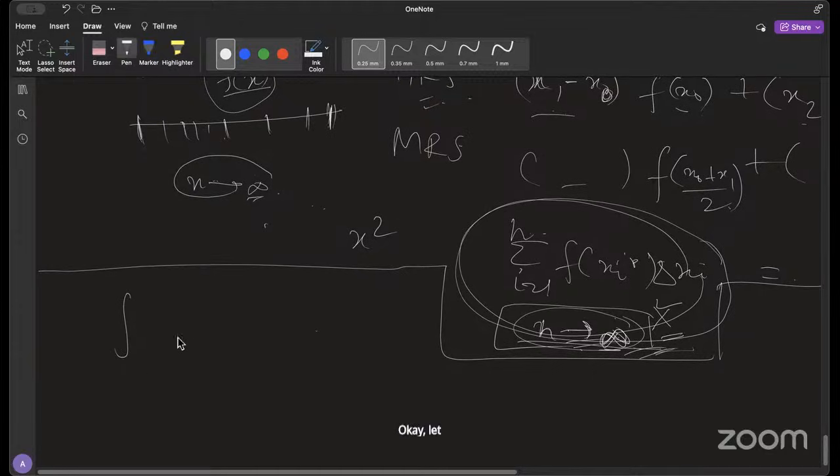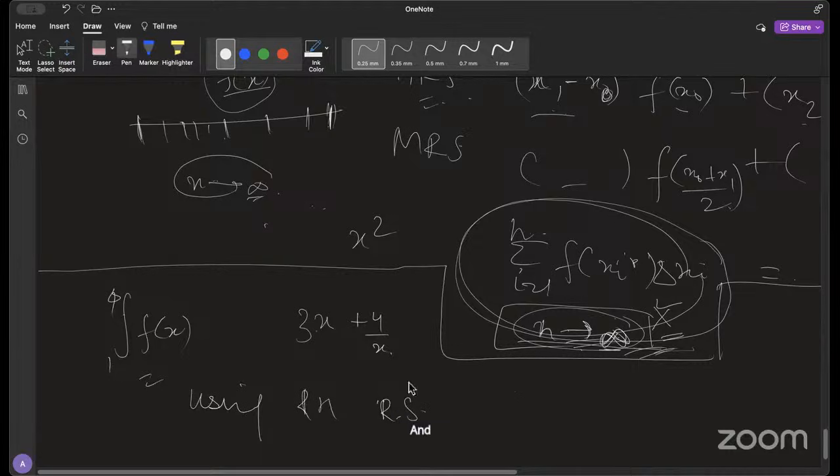Okay, let's do this question. Let's say you have a function 3x plus 4 by x. And then you have to find f(x) from 1 to 4. But you have to use the right-hand Riemann sum.